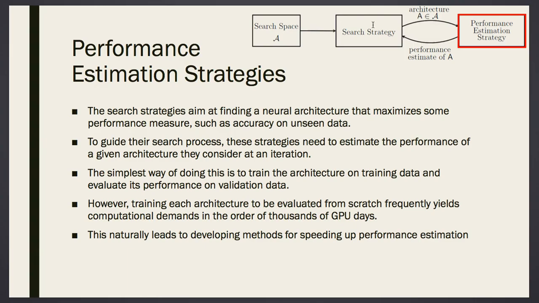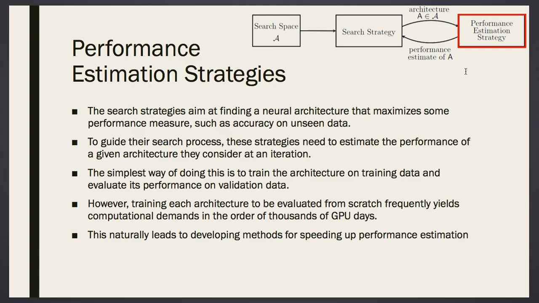However, training each architecture to be evaluated from scratch frequently yields computational demands in the order of thousands of GPU days. Because imagine you train the system, it takes 8 hours. Then at the next iteration, another 8 hours, another 8 hours. When you try 30 iterations, you get 10 days, because a single iteration is just 1/3 of a day, 8 hours.